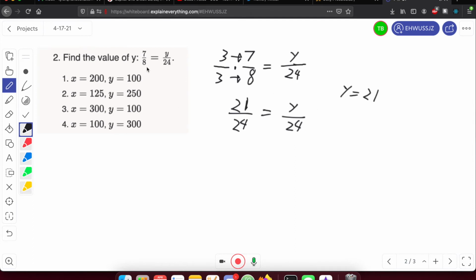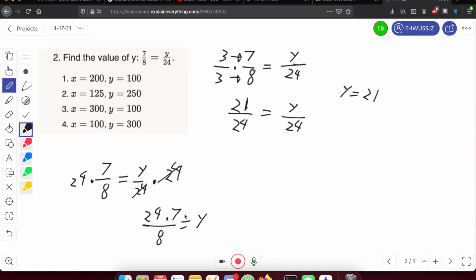Now, if we wanted to solve this equation, what we would do is take 7/8 is equal to y over 24, and multiply both sides by 24. These terms cancel out, and we're left with 24 times 7 over 8 is equal to y.